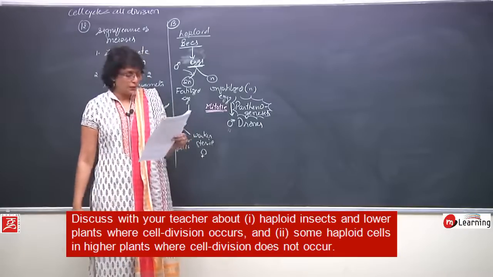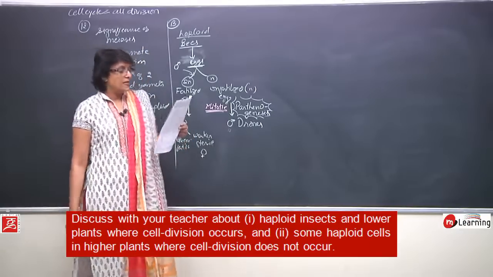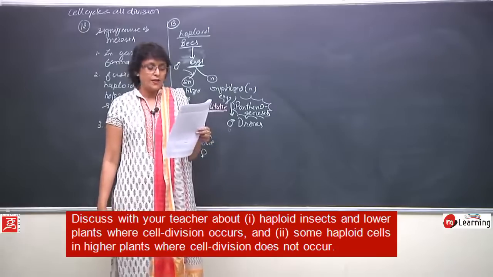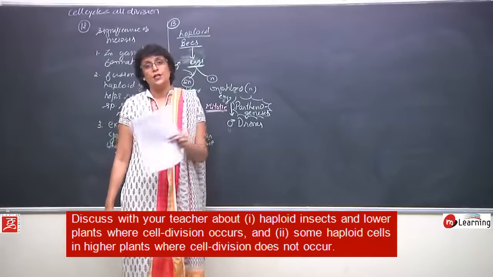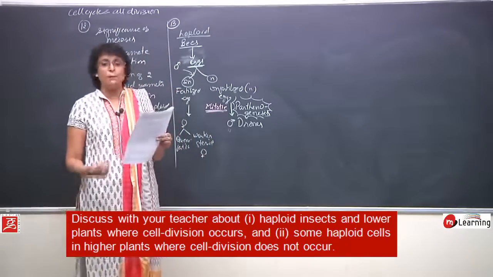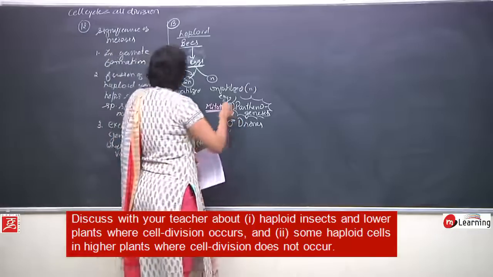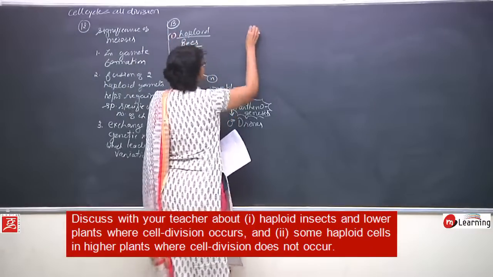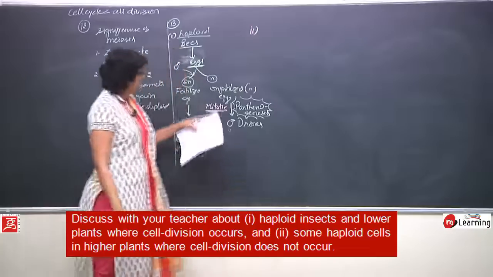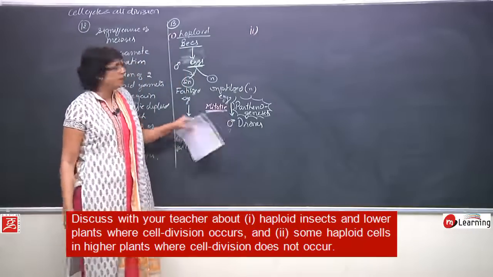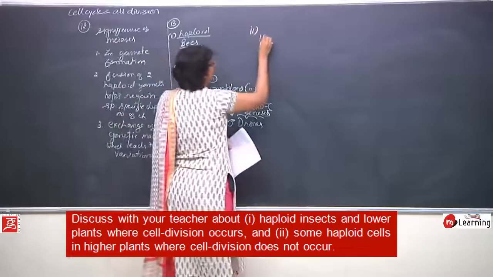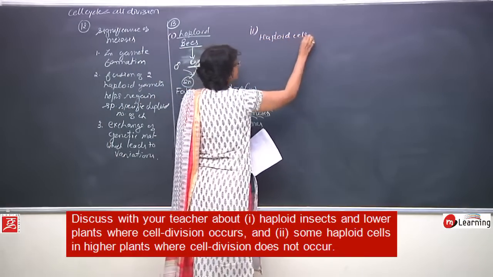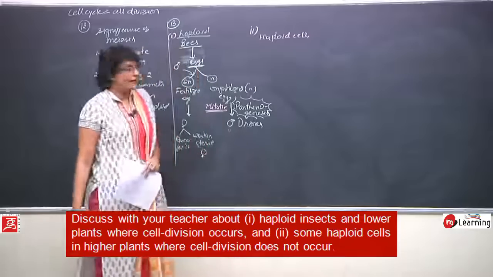The second point which we need to discuss here is haploid cells in higher plants where cell division does not take place. Now we are talking of haploid cells which do not divide.